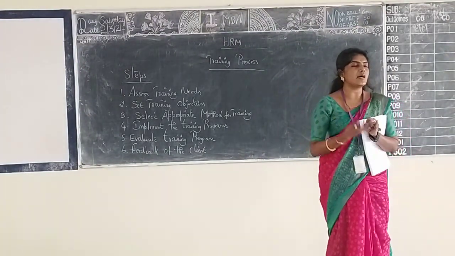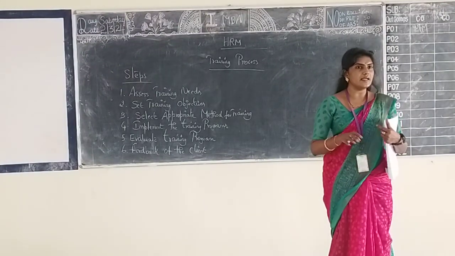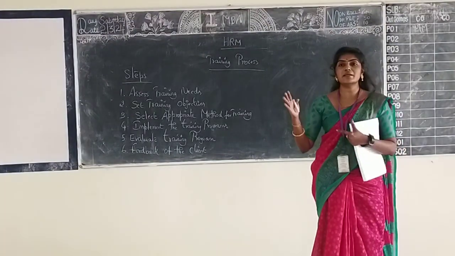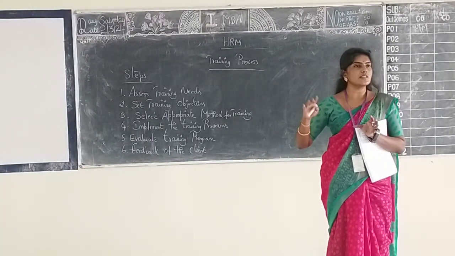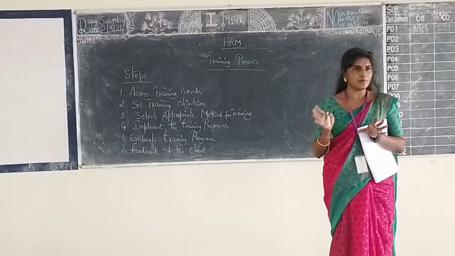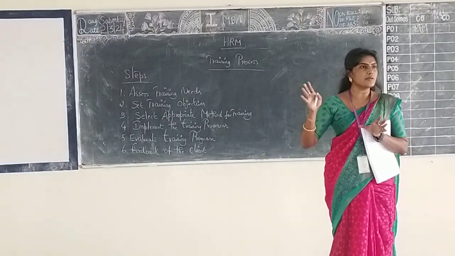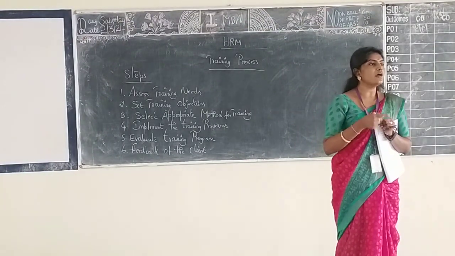First you have to assess the training needs. Next, when you are conducting the training program, you have to allocate some investment for it. For example, if you have to conduct this training program at the end of March, you have to allocate some funds for it. That also you assess.